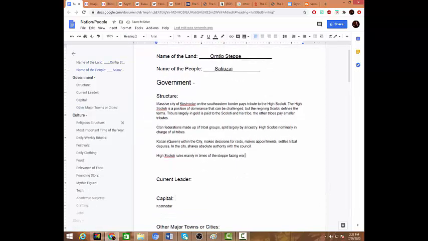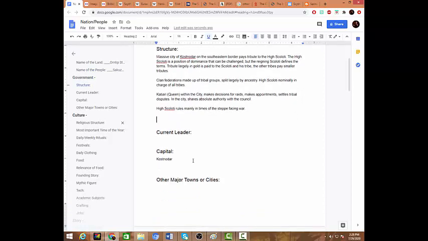Okay, so the High Skolatai rules mainly in times of the steppe facing war. So she would settle tribal disputes, I think, basically if a war breaks out between two different clans or just two different tribes from different clans, she would get to have the final word if the people involved decided, you know what, we don't want to have a pitched battle, let's let the Queen decide, so that, you know, maybe we have to pay you a ton.